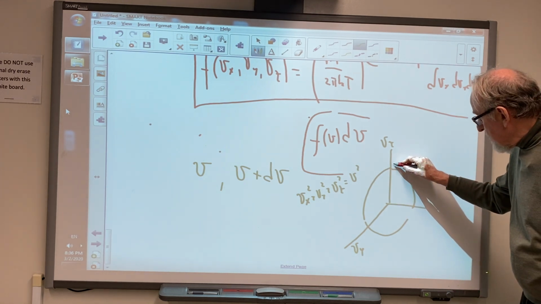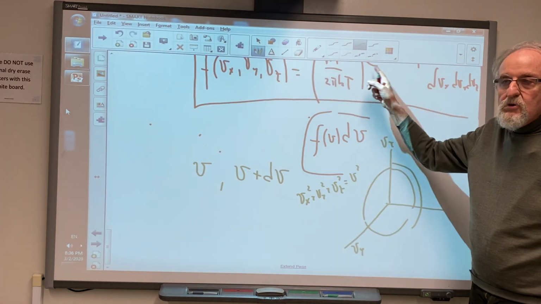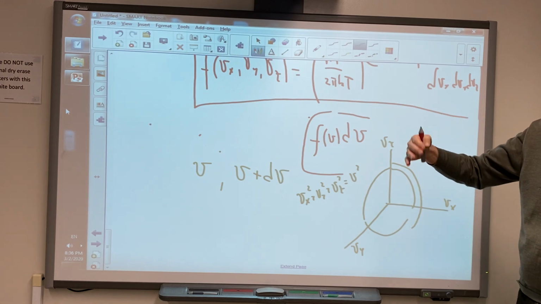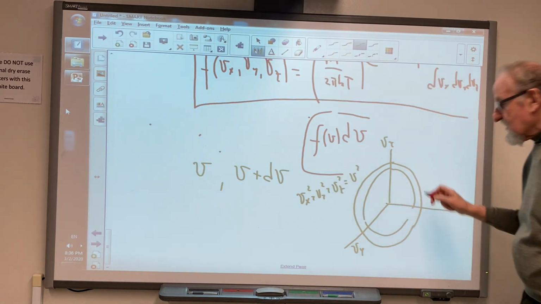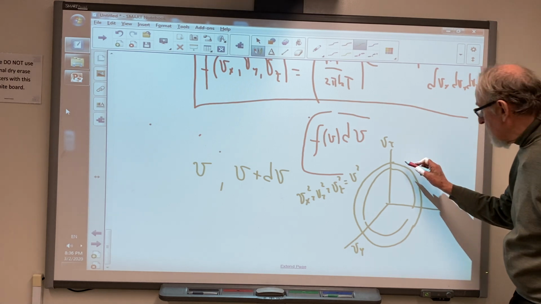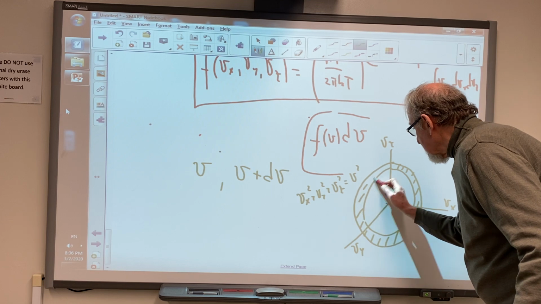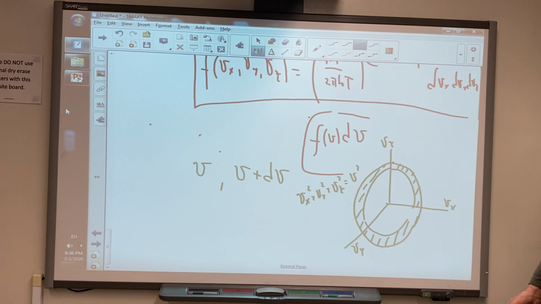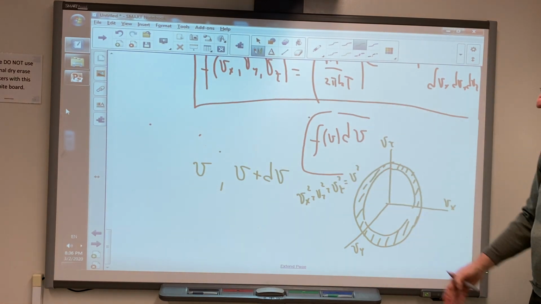I'm counting molecules. If the inner sphere has radius v and the outer sphere has radius v plus dv, all the molecules whose velocities vx, vy, vz fall into this spherical shell will have speeds between v and v plus dv.